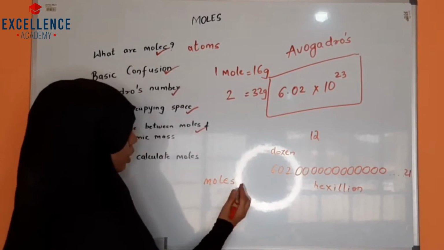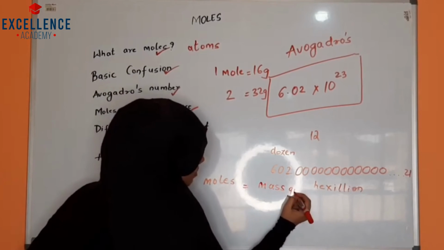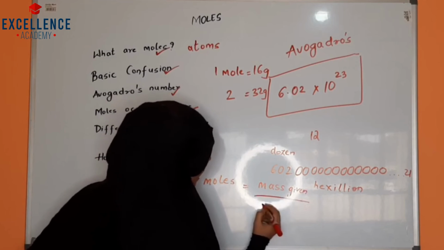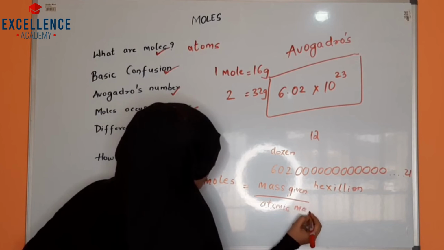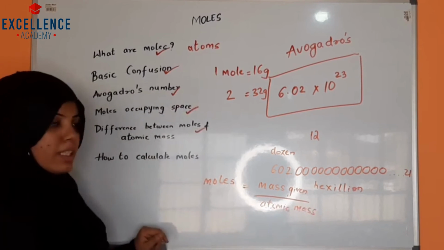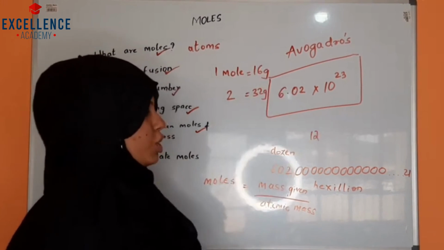So how do you calculate moles? Moles is equal to whatever mass is given divided by the atomic mass. Let's take a previous example, 16 grams of oxygen and 32 grams of oxygen.